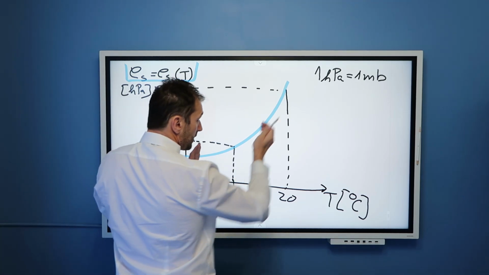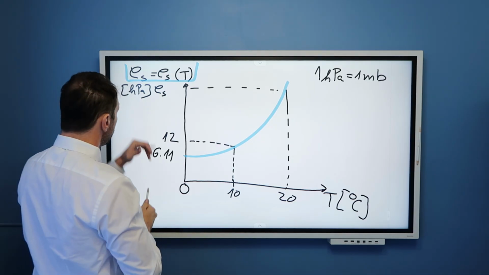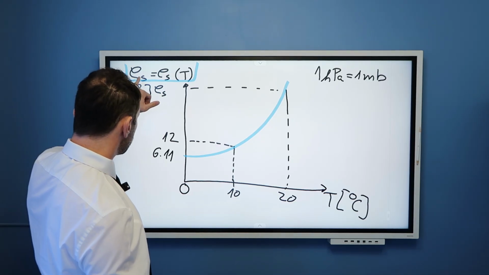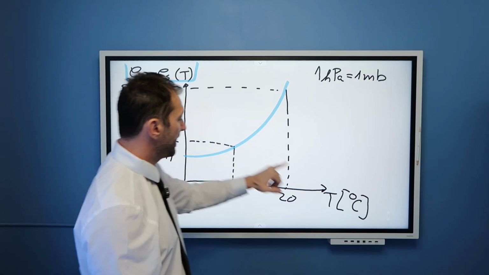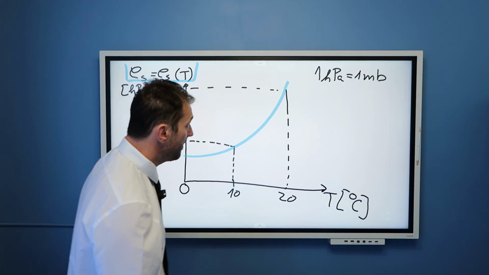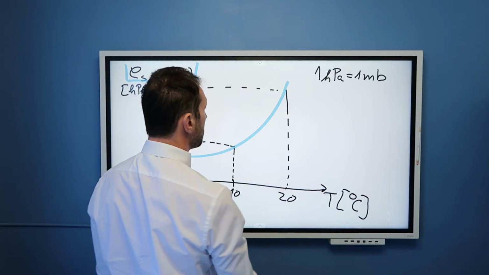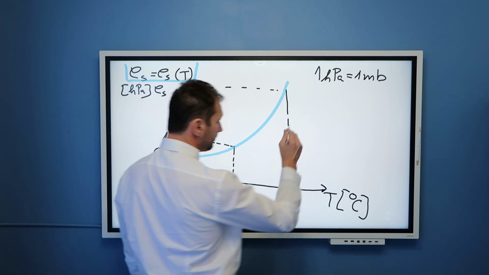lot. So what this curve is telling us is that the relationship between saturation vapor pressure of water vapor and temperature is not linear. This is a nonlinear function, and this function has a name, and it's called the Clausius-Clapeyron relation.